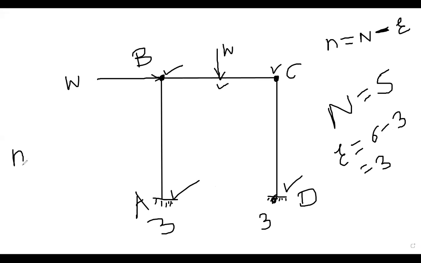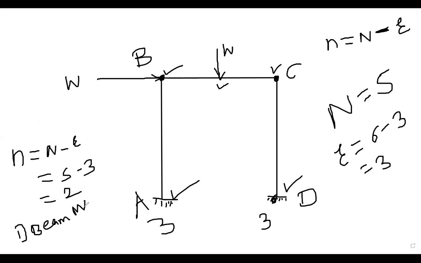So the number of independent mechanisms, capital N minus R, for this frame is 5 minus 3 is equal to 2. So the 2 independent mechanisms are, first, the beam mechanism, and second, the sway mechanism.